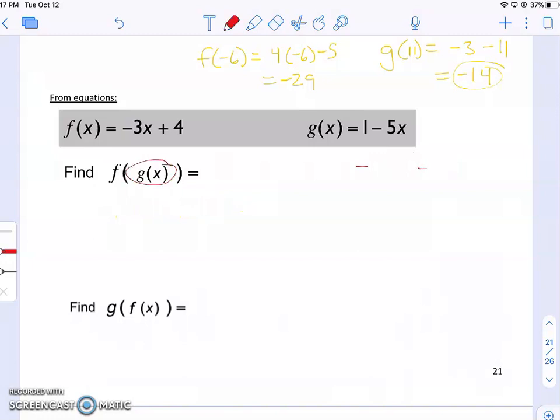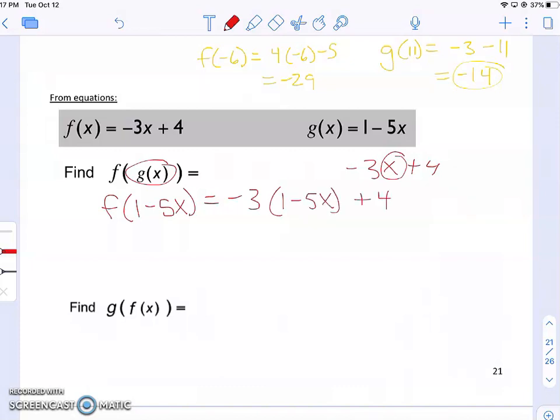So our g of x, I think that's supposed to be 1 minus 5x. So f of 1 minus 5x. Now I go to that f function, which we said was negative 3x plus 4, and replace that x. So negative 3 times 1 minus 5x plus 4. If we distribute, we get negative 3 plus 15x plus 4. Combine like terms, we have 1 plus 15x.